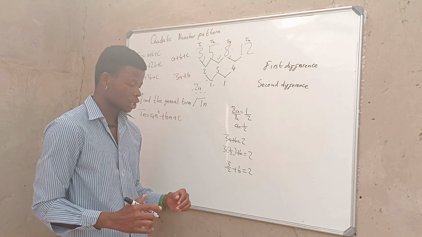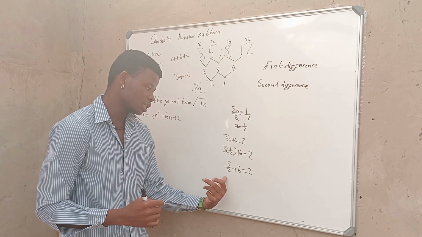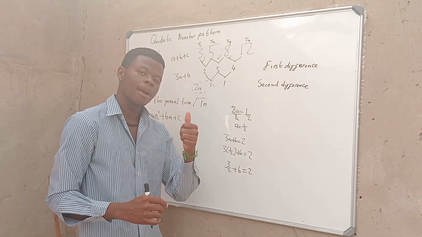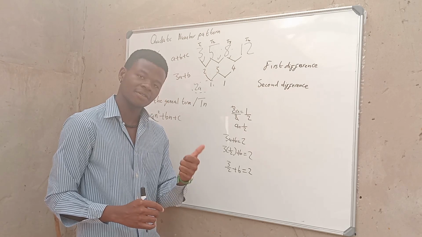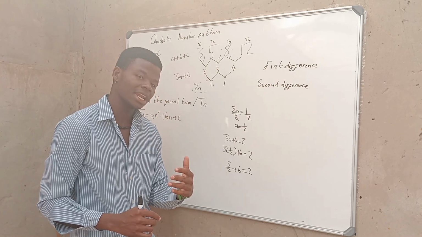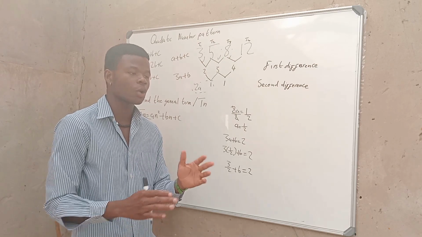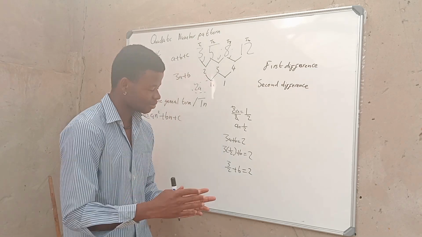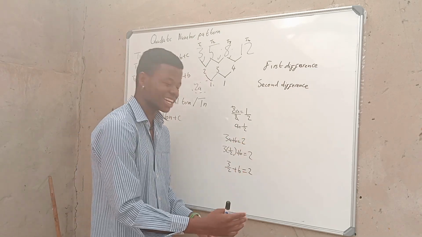Okay, and then look at this. What is the sign between 3 over 2 and b? It is a positive or a plus sign. If it is a plus or a negative sign, you are going to transpose. So here at Kasi, we love to say we are jumpisa.